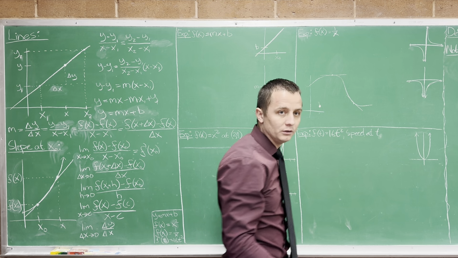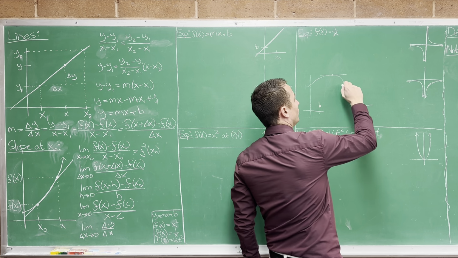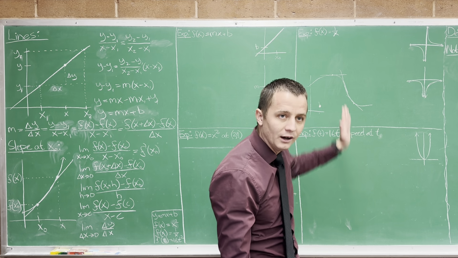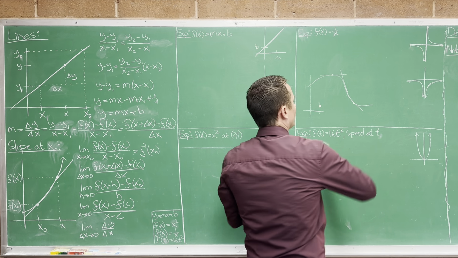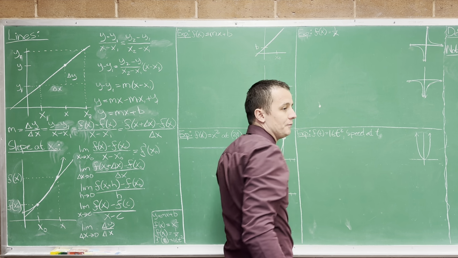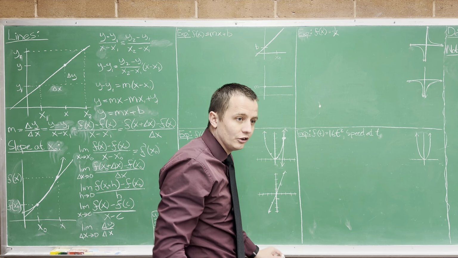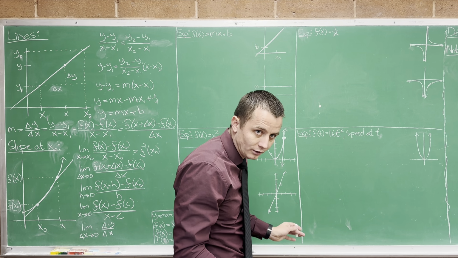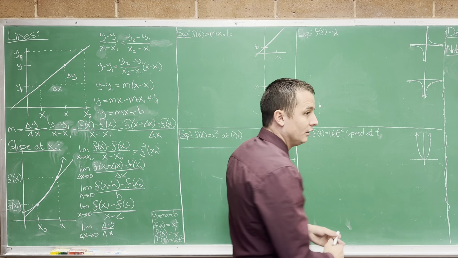Should be 0. So the derivative at that point will be 0. And the derivative at this point, maybe that's more like a -3. I don't know. But just roughly looking at the picture, quick sanity checks for what the derivative should be at points. So intuitively, the derivative of a function at a point gives you the slope of the function at the point. That's all it does. Okay.